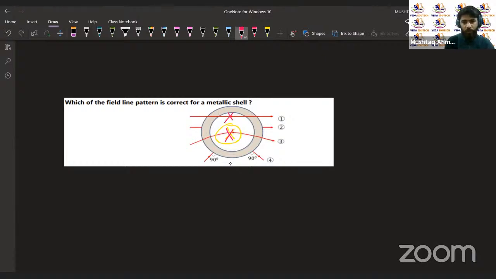This is also not possible. The second important property is that electric field lines on a conducting surface or a metallic shell always fall perpendicular to the surface. Here the only line which falls perpendicular to the surface is line number 4. So the fourth electric field line is the correct one for this particular case.